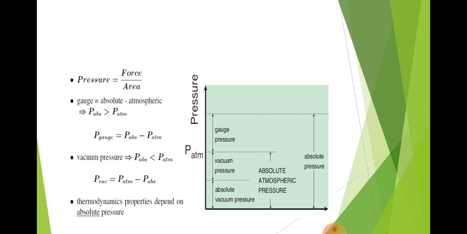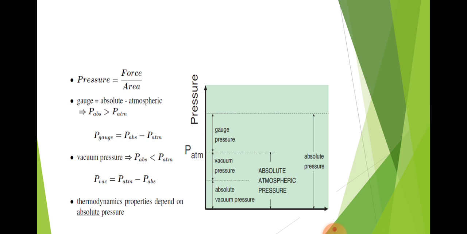Okay, now going forward, second example with the same condition, means we are using a U-tube manometer for measuring a pressure less than atmospheric pressure. Earlier I said that when the pressure is lower than the atmospheric pressure, there is a vacuum.